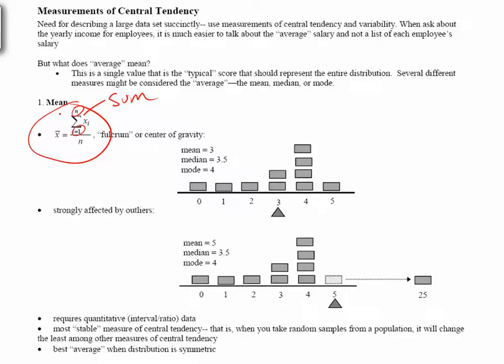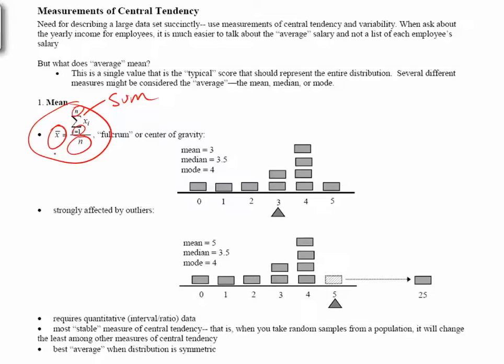If we have 10 people and we ask all of them, what is your age, what is your height, what is your income, we would take all of those ages, heights, and incomes and add them up. And then in the denominator, we'd be dividing by the number of observations, or the number of people, or the number of questions that we asked in our sample.